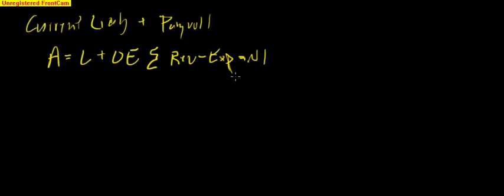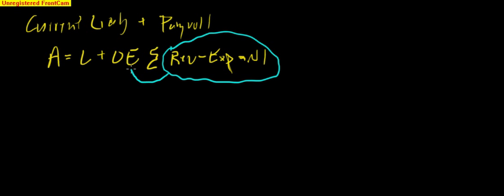This P&L activity influences the balance sheet through owner's equity, by owner's equity going up or going down. So assets equals liabilities plus owner's equity.